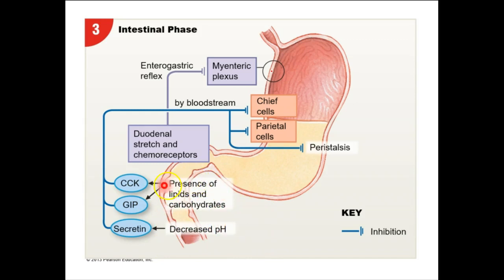And the duodenum releases several substances, 2 hormones at least, chemical signals: CCK, and you'll see these spelled out on other slides, this is cholecystokinin, GIP, gastric inhibitory peptide, and secretin. And those are going to inhibit chief and parietal cells as well as peristalsis of the stomach. At the same time, stretch and chemoreceptors of the duodenum are going to inhibit the myenteric plexus.